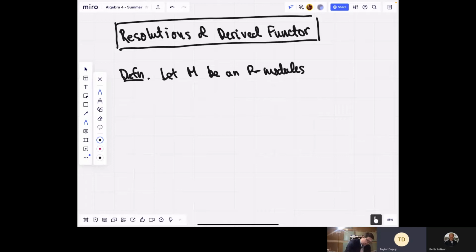So let M be an R module. So a left resolution of M is an exact sequence.